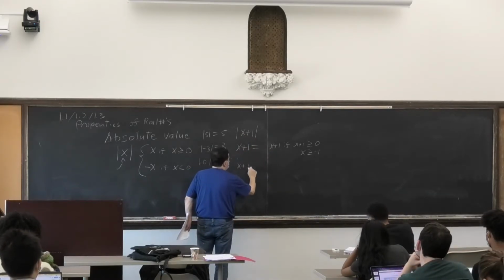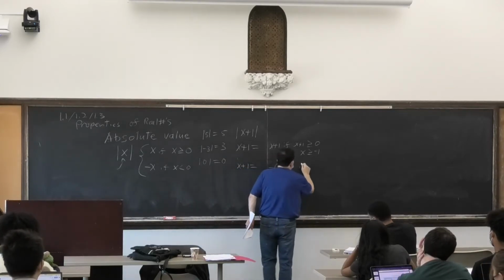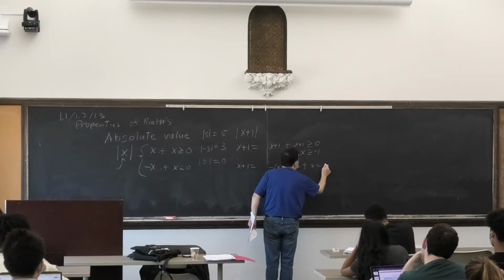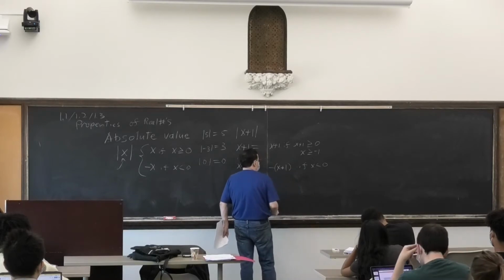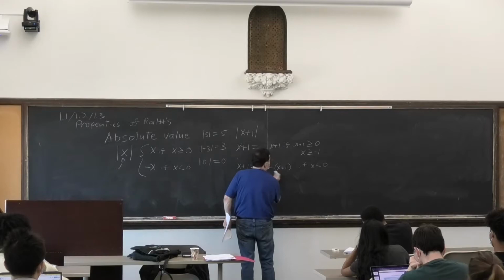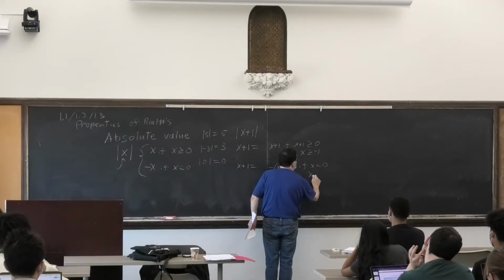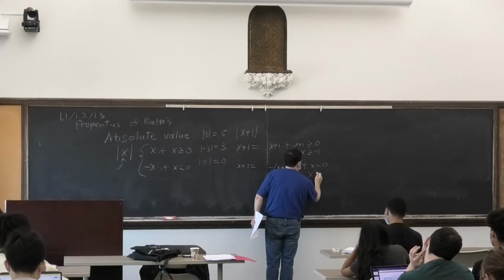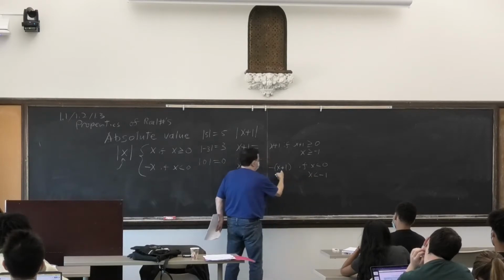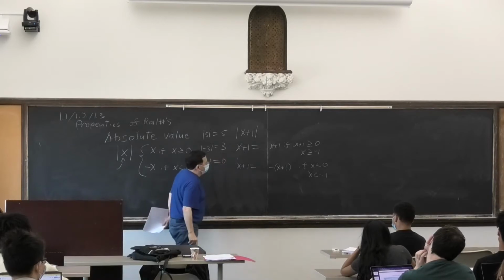The absolute value equals minus x plus 1 if x plus 1 is less than 0. Well, again, how do we know if x plus 1 is less than 0? Well, x less than minus 1. So if x is less than minus 1, then this is minus x minus 1.